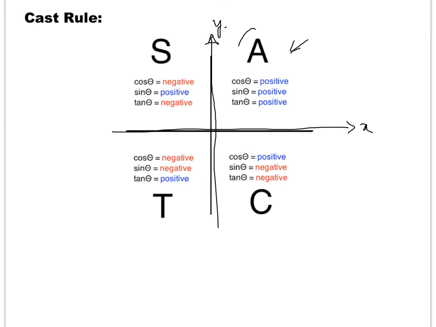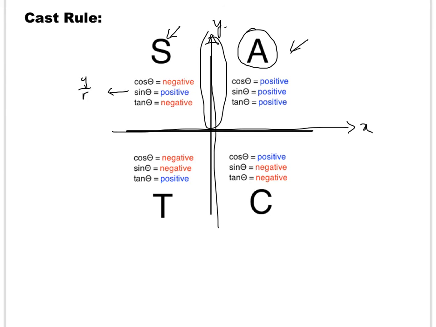Let's call this one A. A means all, so all are positive. Then we go to quadrant 2. You remember that in quadrant 2, sine is positive because by definition sine is equal to y over r, and y here is positive. But cos and tan are negative. Since sine is the only one which is positive, let's denote the second quadrant with S.